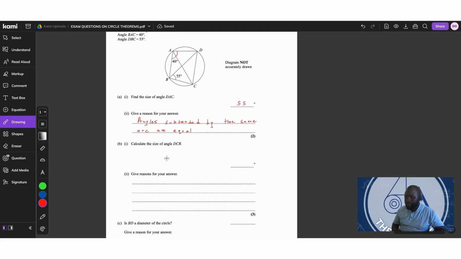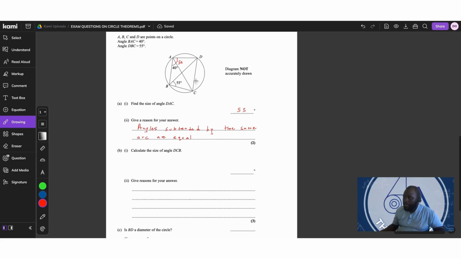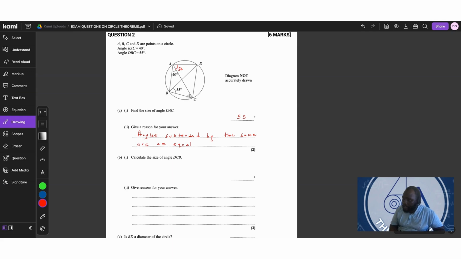And then we are told, calculate the size. Now, calculate, and the choice of words is always important. We were finding the size of angle DAC, but now we want to calculate the size of angle DCB. This angle we've determined is 55 degrees, and now we want angle DCB, and that angle is this angle here, this entire angle.